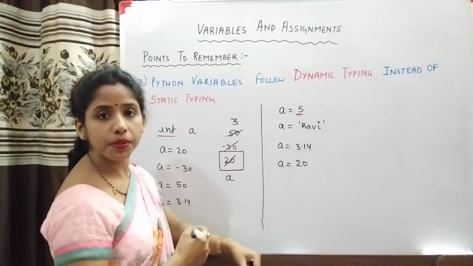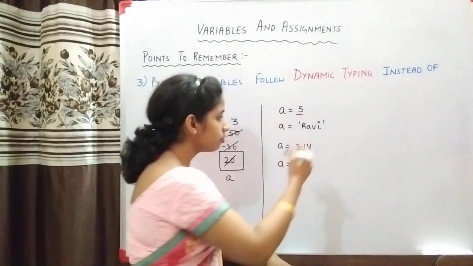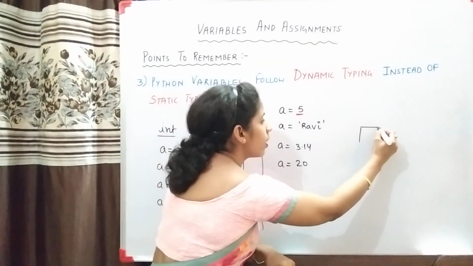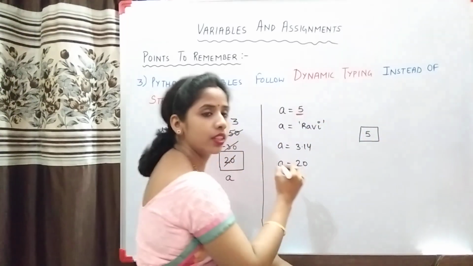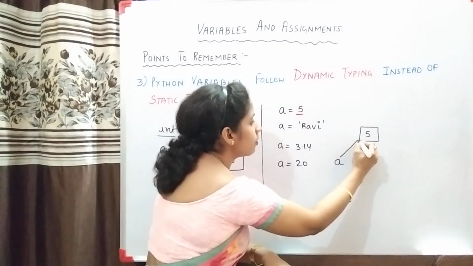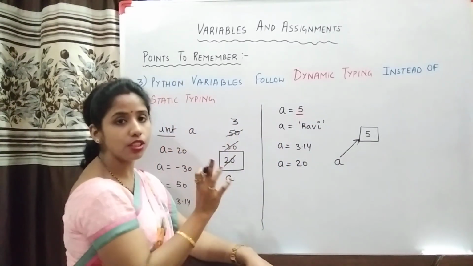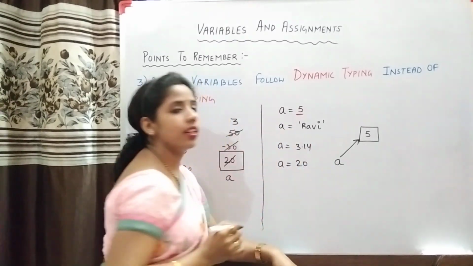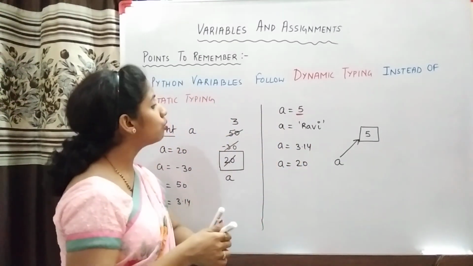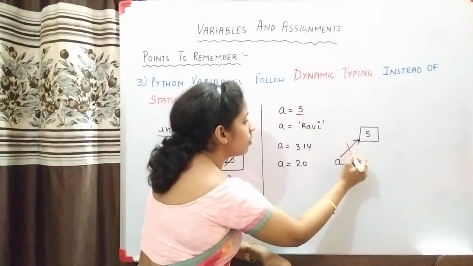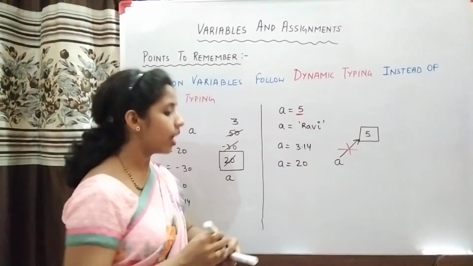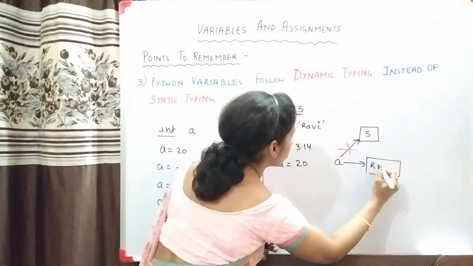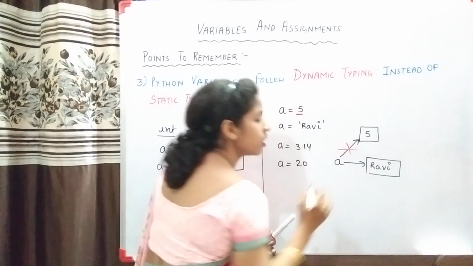Now see the memory representation of this variable in case of Python. Okay, so the first value that you gave to the variable a was 5, and you know that Python variables are like memory references, they are not like storage containers, so a is pointing to 5. As soon as you assign this value Ravi to the variable a, it will stop pointing to 5 and it will start pointing to the place where Ravi is stored.